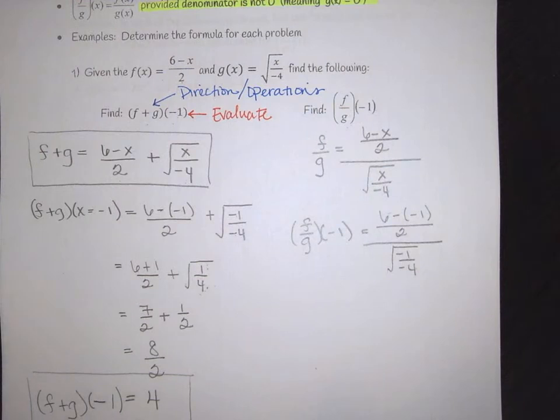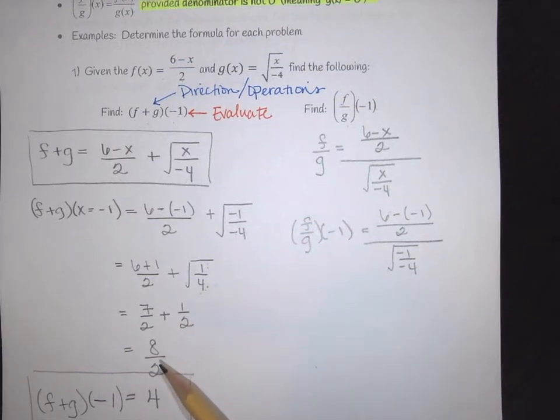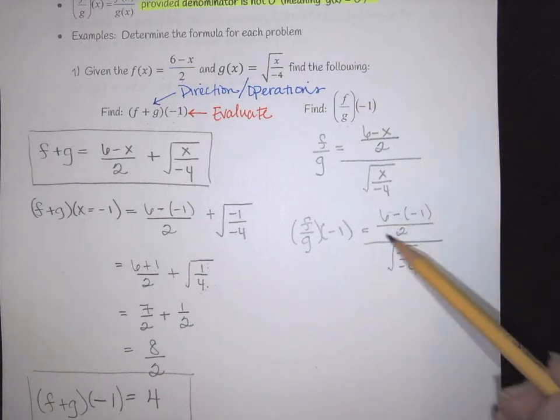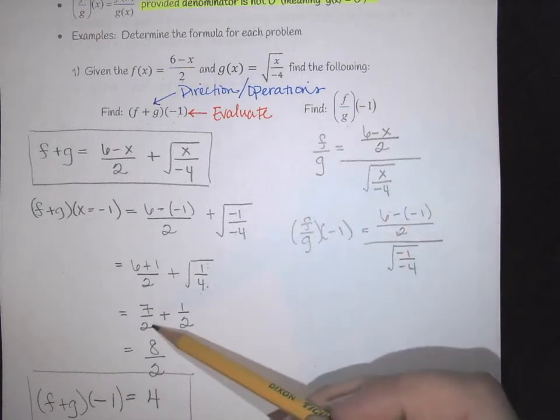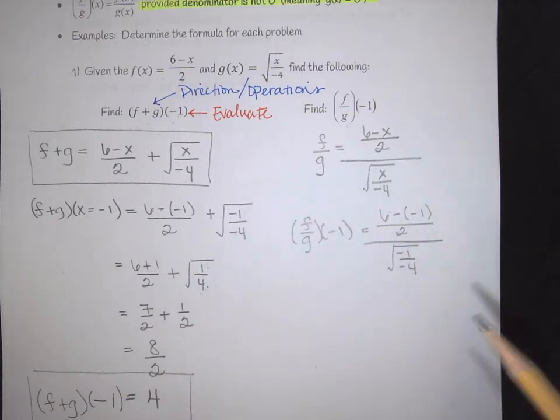Now the beauty about this is because I'm evaluating at the exact same value, I've already done all the hard part because I already did all the math here. So I know that this top piece becomes 7/2 and this bottom part becomes 1/2.